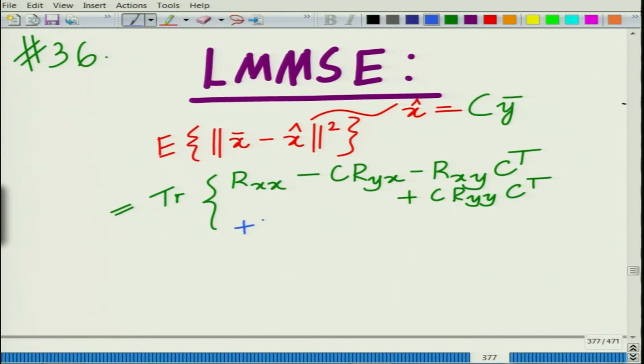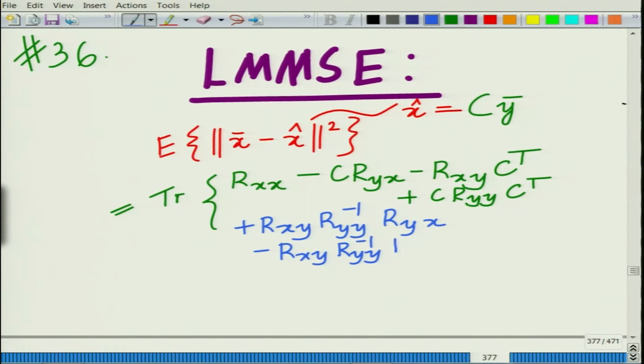the quantity r x y r y y inverse r y x. So, we are adding and subtracting this quantity essentially, and we minimize the trace of this whole quantity.